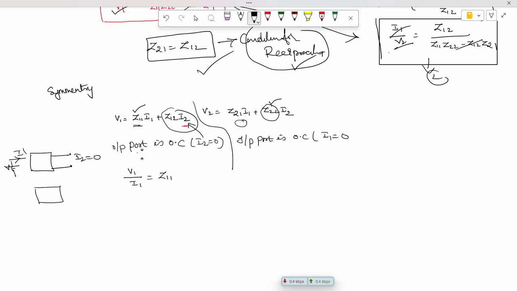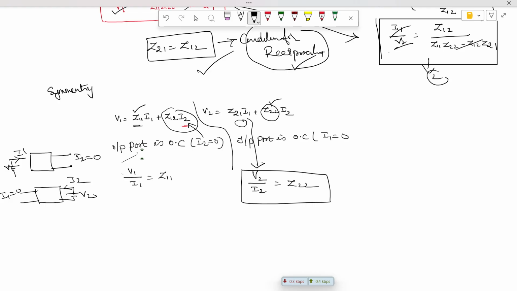Second step, we are applying the voltage at this end, and the input port we are going to make open, which is I1 equal to 0. By substituting I1 equal to 0, automatically we will get V2 by I2 equal to Z22.